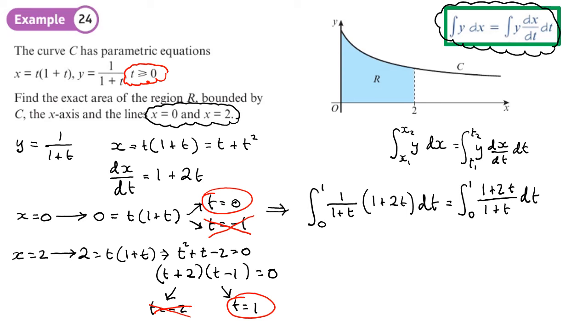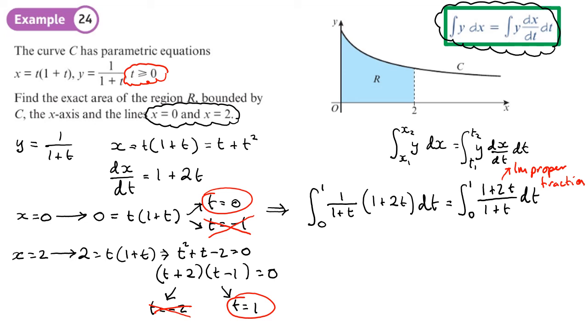Now this happens to be an improper fraction, which we need to deal with first, and to integrate it we're probably going to have to use partial fractions. Well, no, we don't need to, because we've only got one factor at the bottom, but definitely we need to deal with that improper fraction.